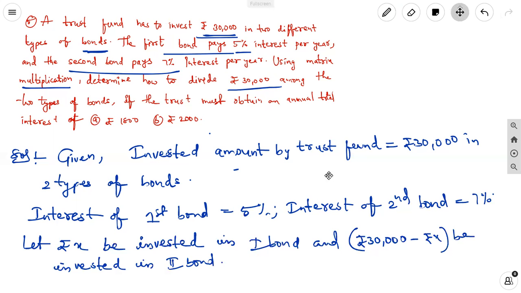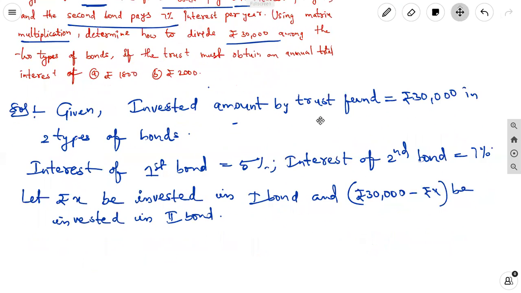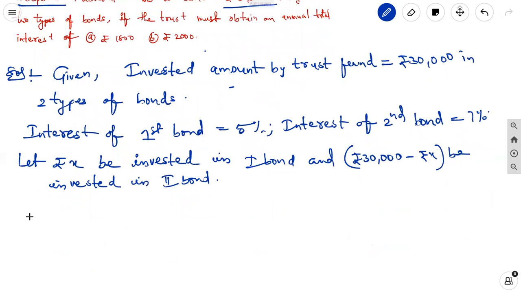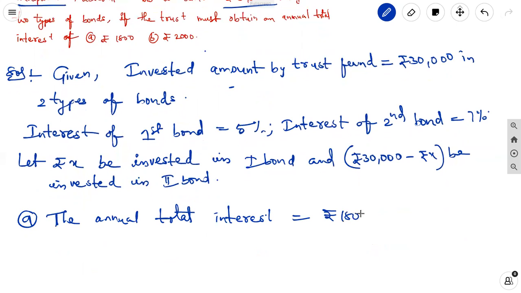And in the first case, the annual total interest is equal to 1800 rupees. Okay. Here we can take it in matrix form.